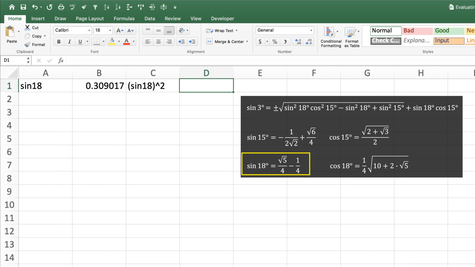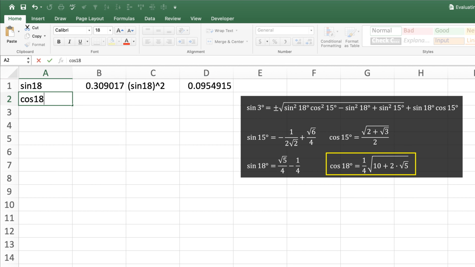You just do it here. Equals to, click on cell B1. It uses the result of sin18 calculation. Then type the caret 2. This caret means raised to the power. So you see how easy it is to use intermediate results. If you're using a simple calculator, you will have to write down this number first, and then input to the calculator for another round of calculations.